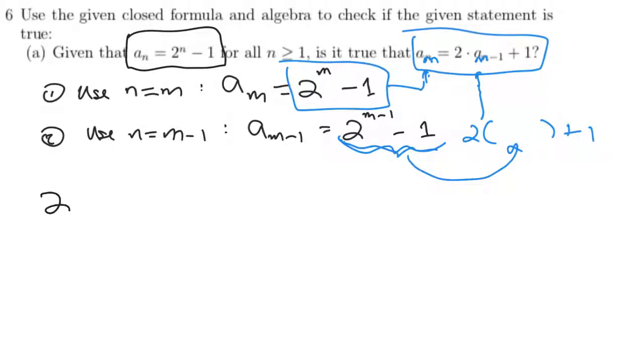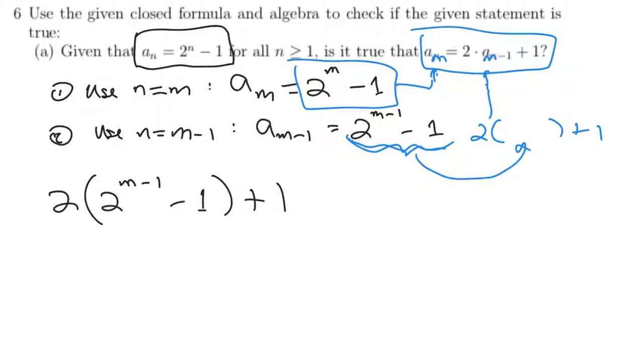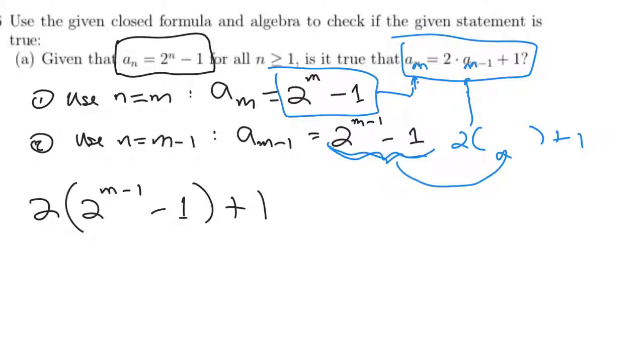So again, that becomes an algebra issue. So let's ask ourselves, what do I get algebraically when I do that? This part right here is a sub m minus 1. So what I have written down here is twice a sub m minus 1 plus 1.